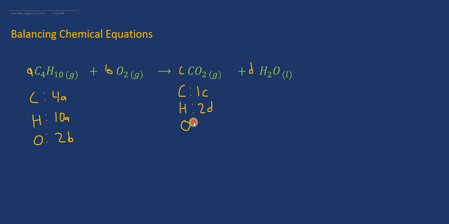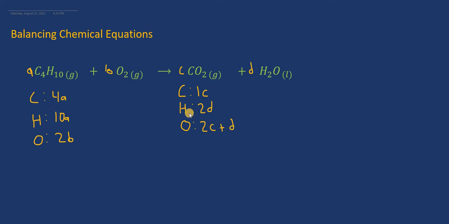And for oxygen, we have a slightly different scenario here, where we have two oxygens paired with the letter C. So I'll write that as 2C, but we also have one oxygen paired with the letter D. So I'm going to add that additional variable for oxygen as adding 1D to the 2C.